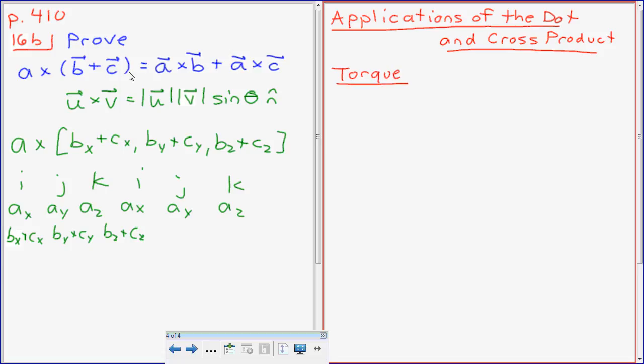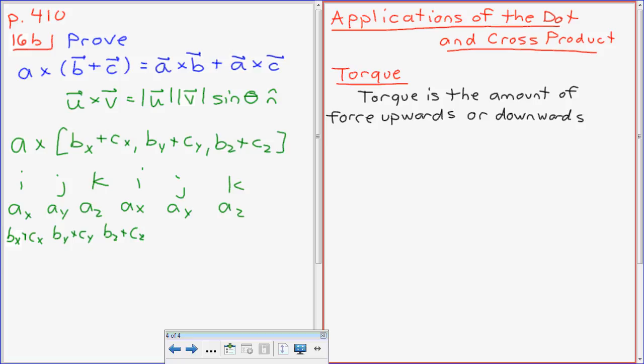Torque is the amount of force upwards or downwards applied by rotation.